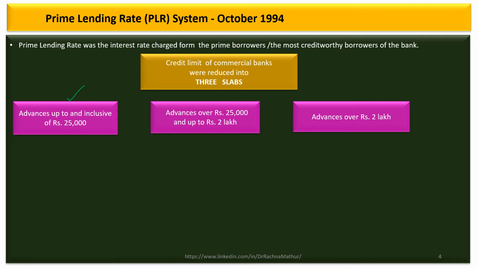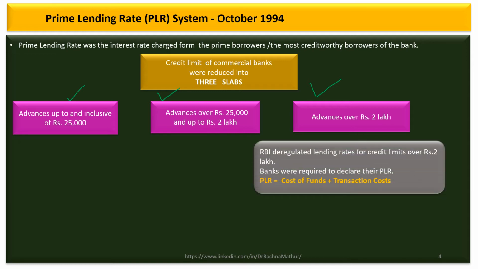For the first slab and the second slab, the lending rates were regulated. But for the third slab, RBI deregulated the lending rates for credit over 2 lakhs. Banks would determine their own lending rate for credit limits over 2 lakhs.